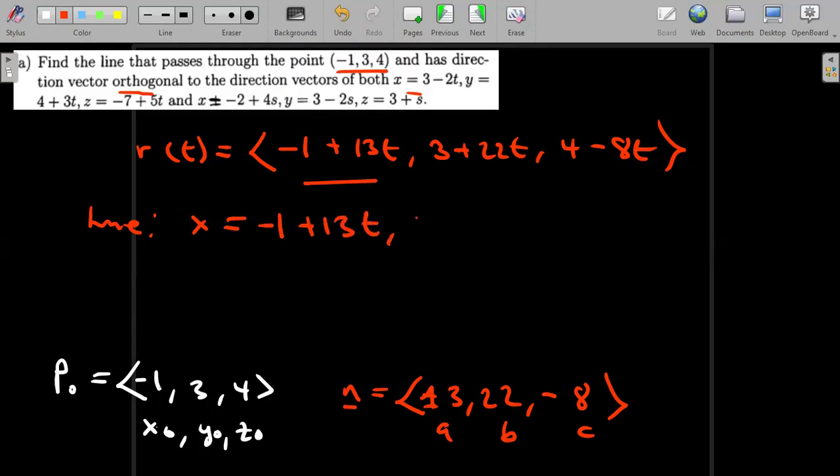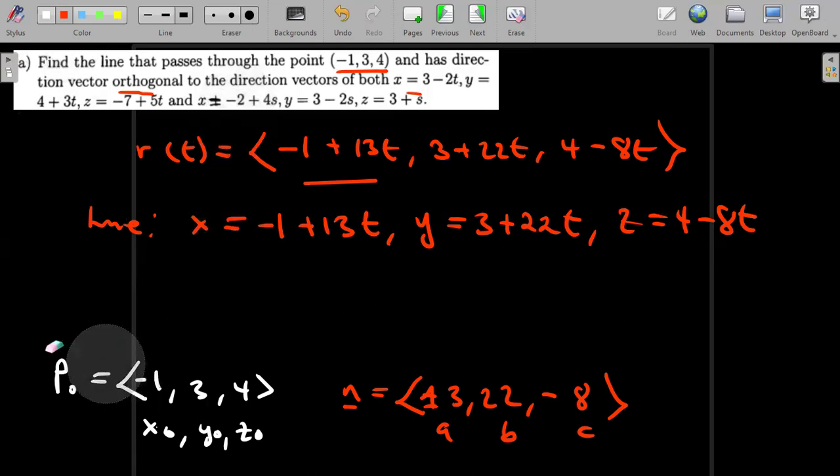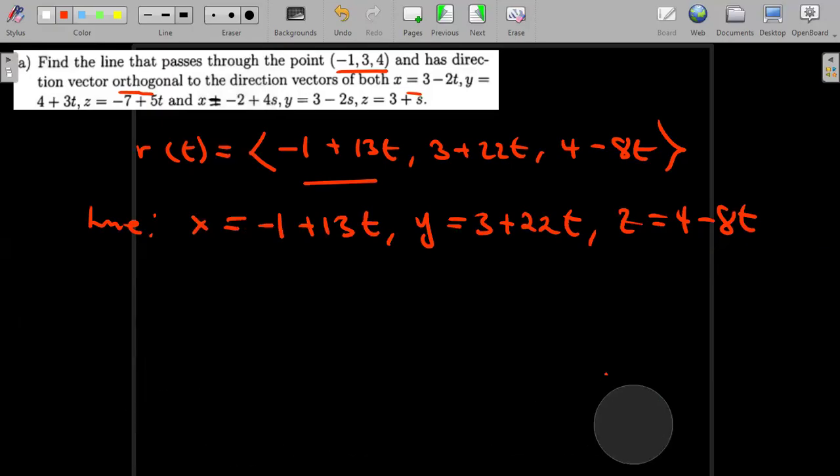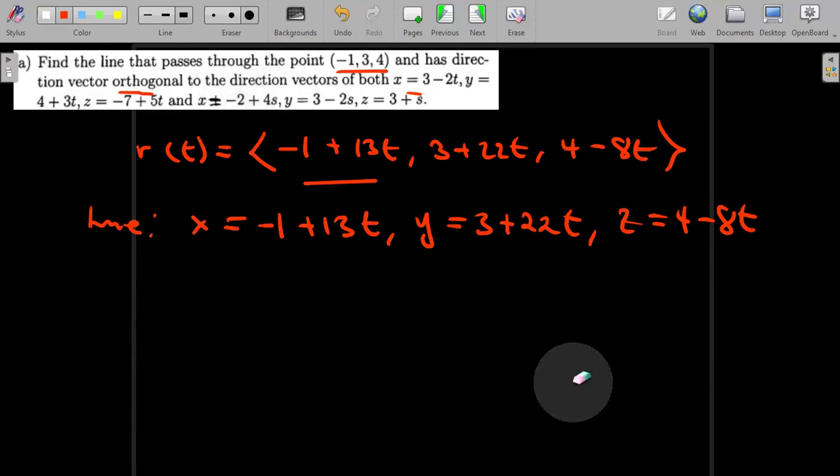Then you have the one that follows, y, that is 3 plus 22t. Then you have z to be 4 minus 8t. So this is how we write and find that line. Okay, we move on to the next question.